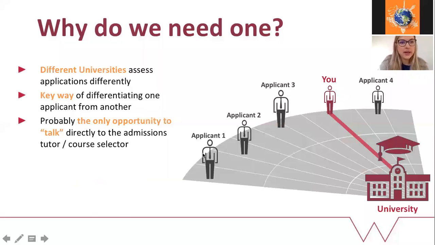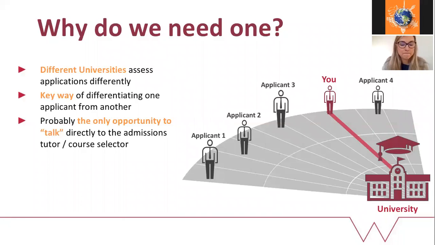Right, so why do we need one? So imagine there's one university and so many applicants, and different universities have different application assessment processes, and everybody else is different. So potentially all of the following can be used. Universities can use grades that are achieved, predicted grades. Universities can use your personal statement, your different qualifications that you've achieved.